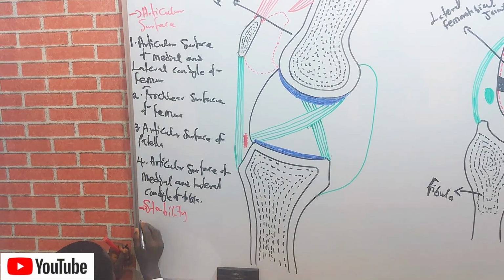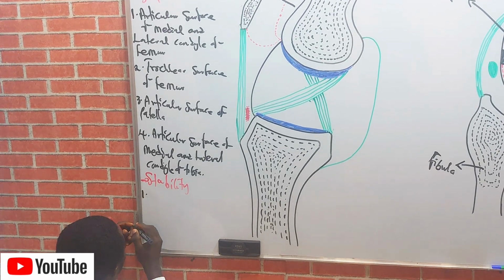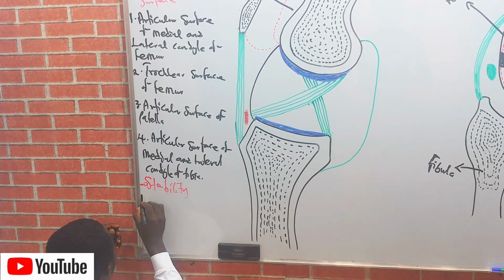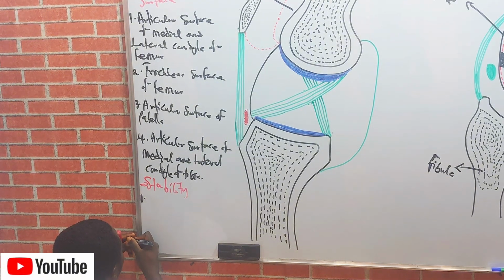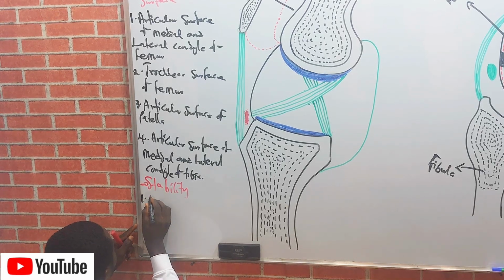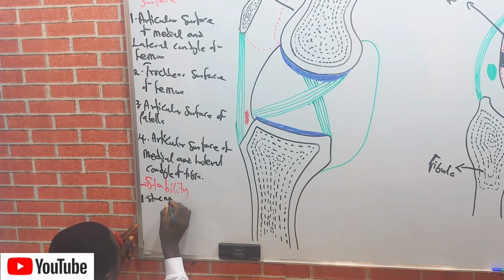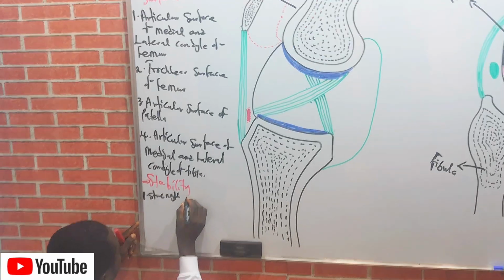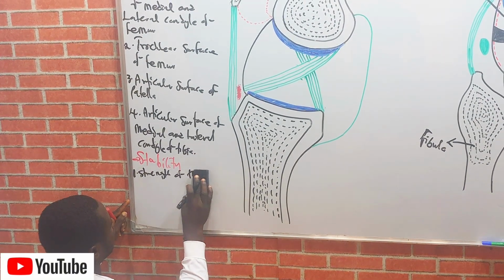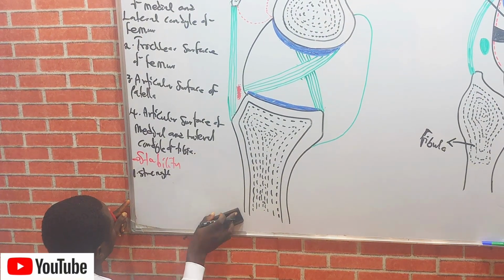The number one stability it has is the strength and action of the surrounding tendons and muscles.